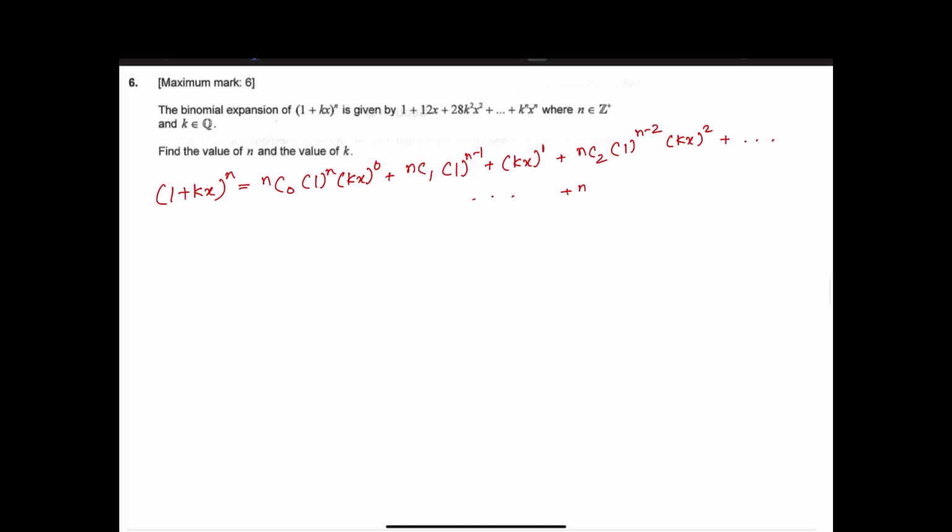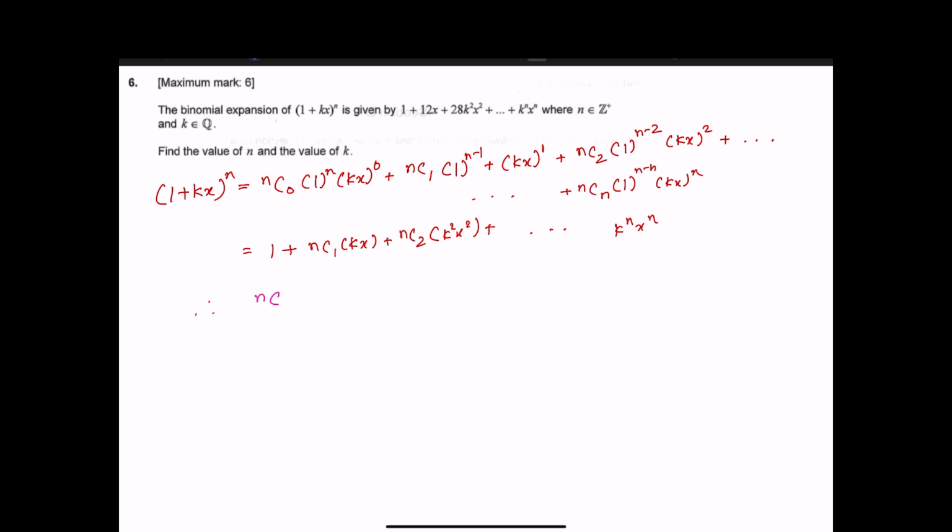Now the last term I'll have nCn 1 to the power of n minus n (kx) to the power of n. If I just simplify this, you'll get 1 plus nC1 times kx plus nC2 times k square x square. The last term is k to the power n x to the power of n. So we see that the terms are kind of matching, so we can directly correlate them.